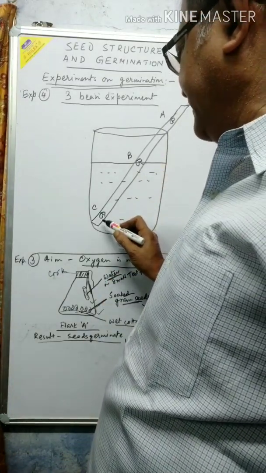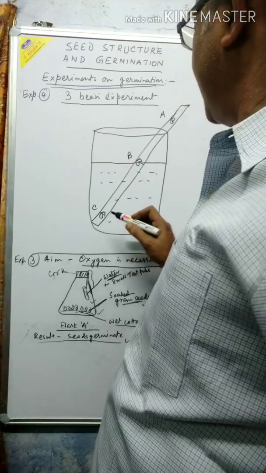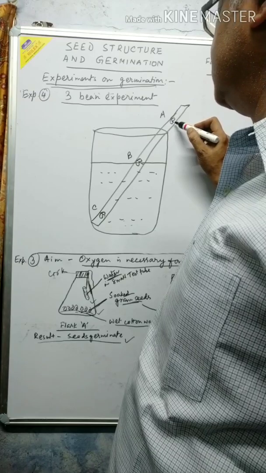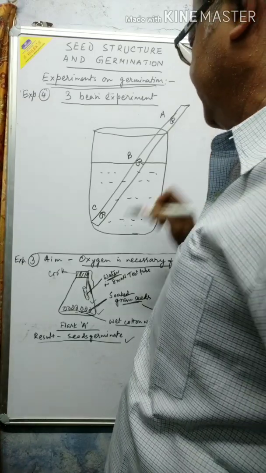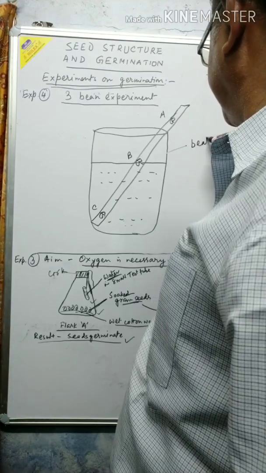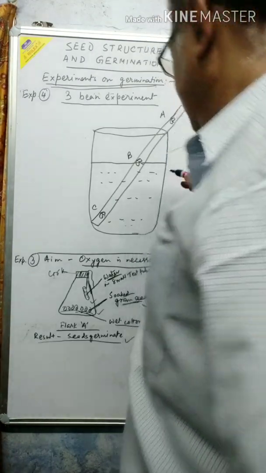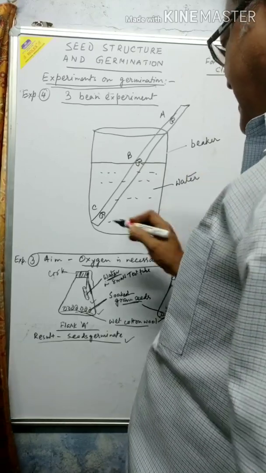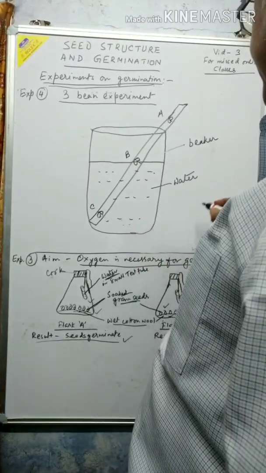Seed C is completely submerged in the water, and seed A is completely in the air, not having any contact with the water. This is the beaker. This is water, and we keep it in room temperature.